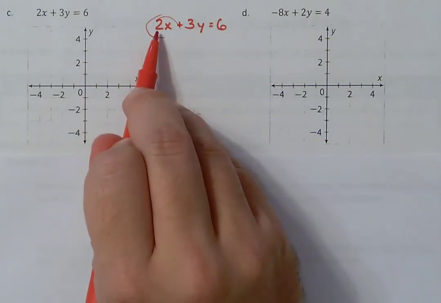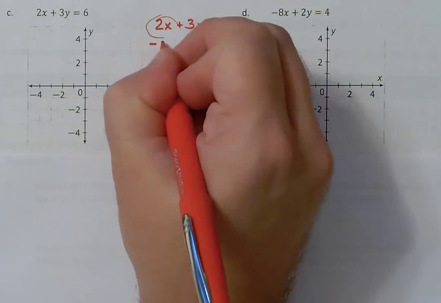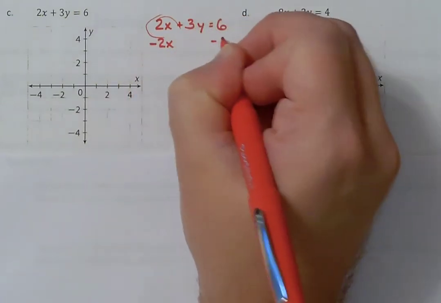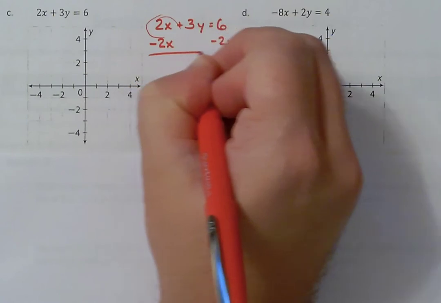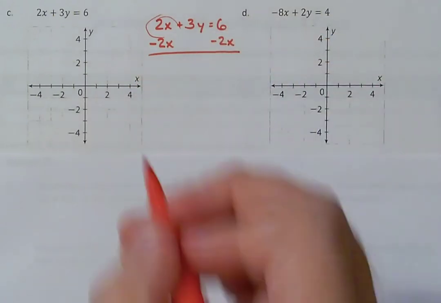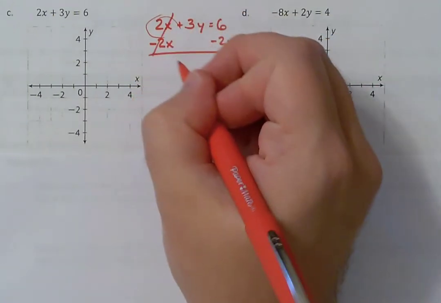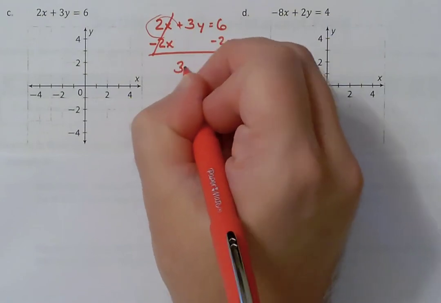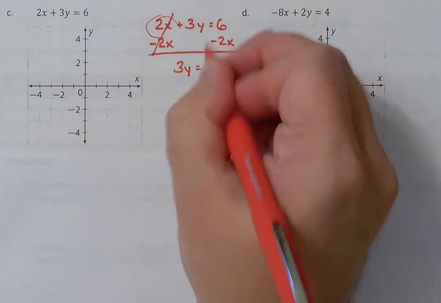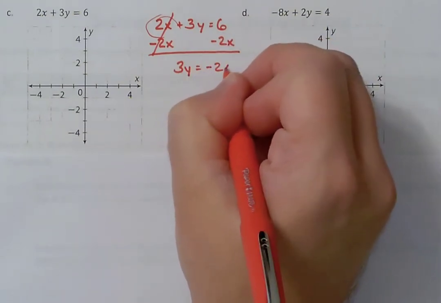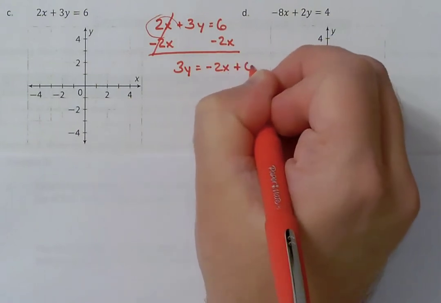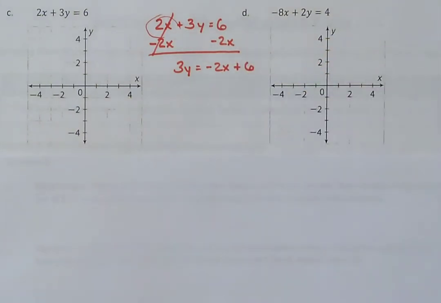Because this is a positive 2x, that means I need to subtract it to both sides. And when I subtract it to both sides, it goes away on the left, so I get 3y equals, I want the x to be first, so it's negative 2x plus 6.